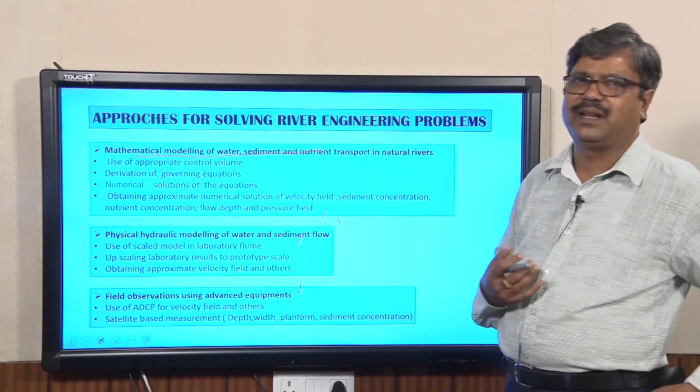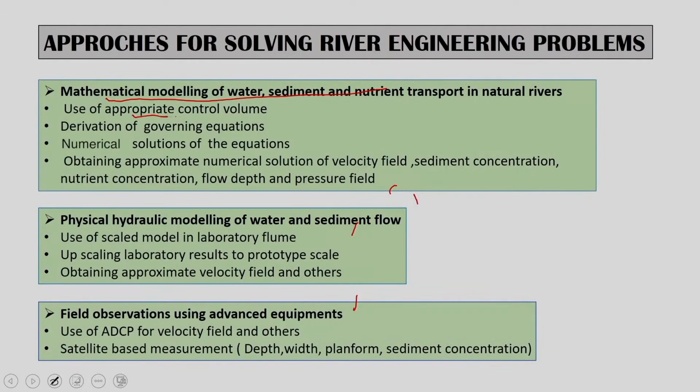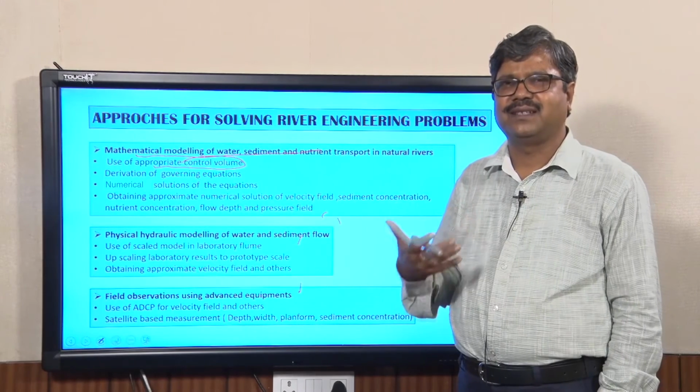What do we do in mathematical modeling? First, we find an appropriate control volume. That is what you know from fluid mechanics. You can follow some of the fluid mechanics videos developed by me, where we talk in more detail about control volumes and Reynolds transport theorems, and how to use the control volume concept for deriving mass conservation, momentum and energy equations.